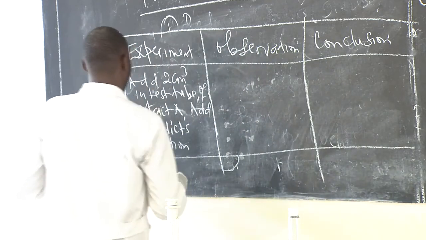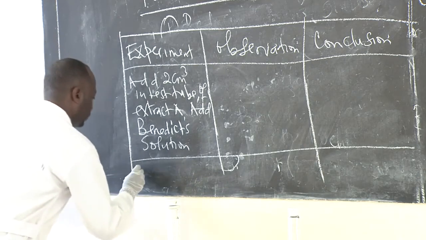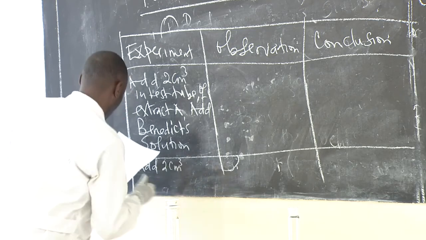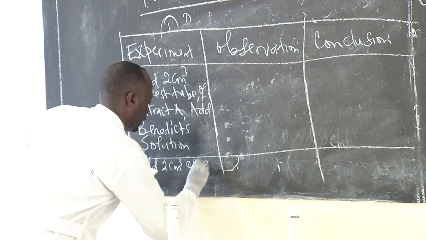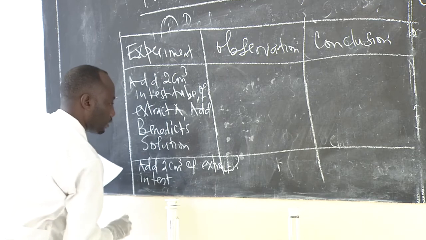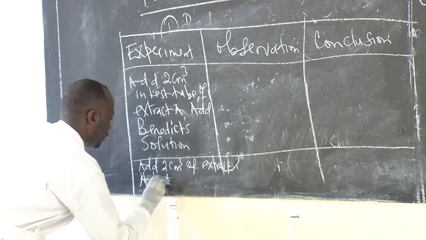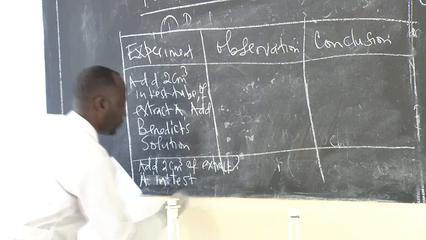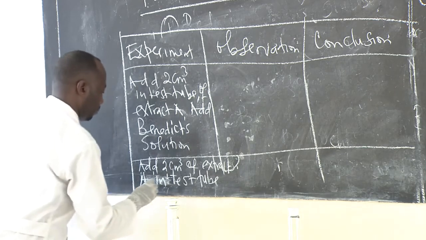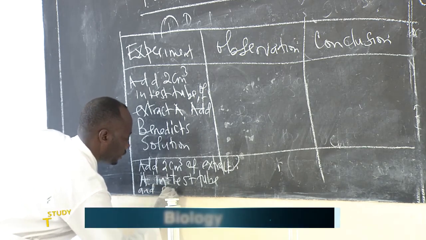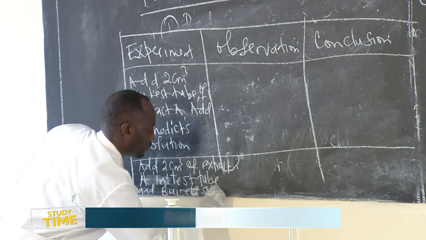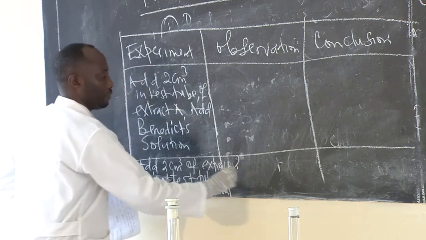The last one, you add 2 centimeters cubed of extract A in a test tube, and add biuret solution, then make the observation and the conclusion.